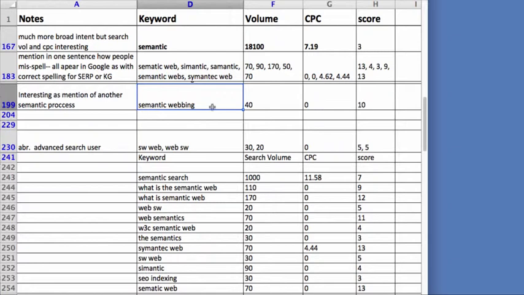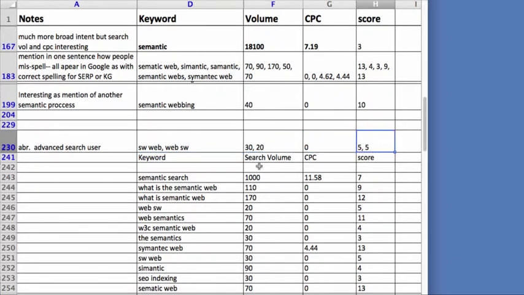I did a quick search, and it actually turns out to be something that's used in the schoolroom for making associations between words, but it actually doesn't have anything to do with the web. So it's not a misspelling, which is interesting because it does return information about another kind of indexing or creating associations between similar words. I like this one too because this is the kind of thing you're going to turn up when you do this research.